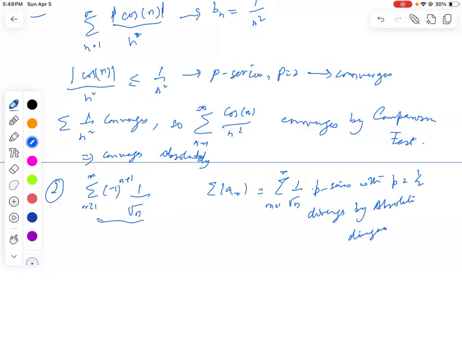But if we look at the original one, we have bn equal to 1 over square root of n, and bn plus 1 equal to 1 over square root of n plus 1.